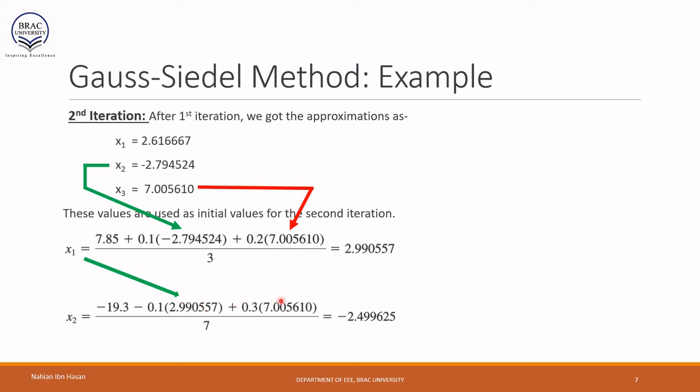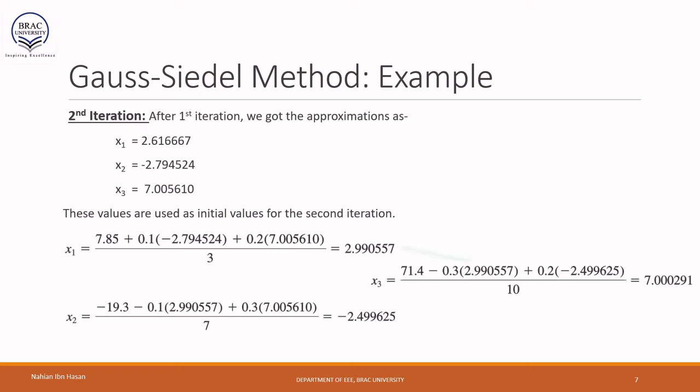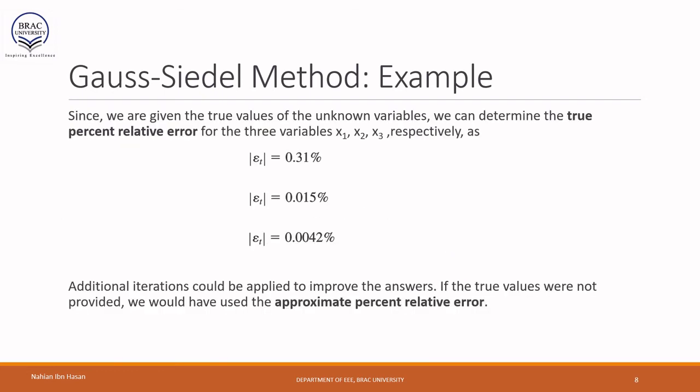And for the x3 term, since we have not determined any x3 term yet, we are going to use this initial approximation. Okay, so that's how we are going to find out the x2 value. And finally, if we want to find out the value of x3, we are going to use the most current x1 and x2 to determine the value of x3.